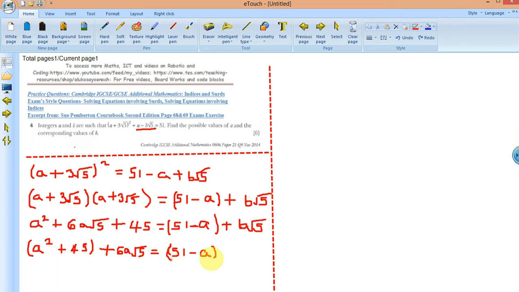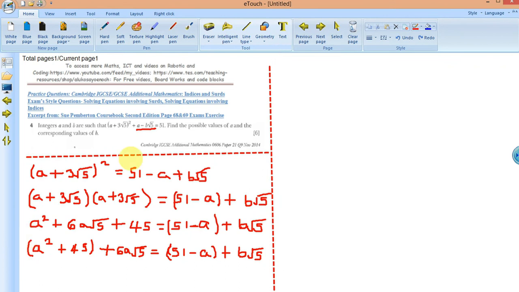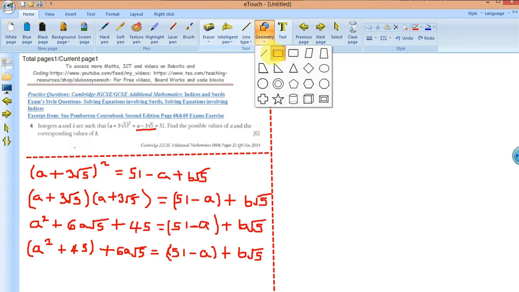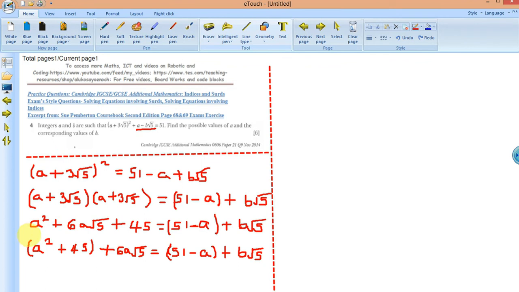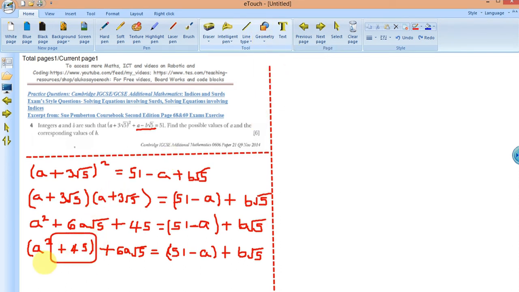What we are going to do now is form a system of linear equations, such that you equate the rational terms.